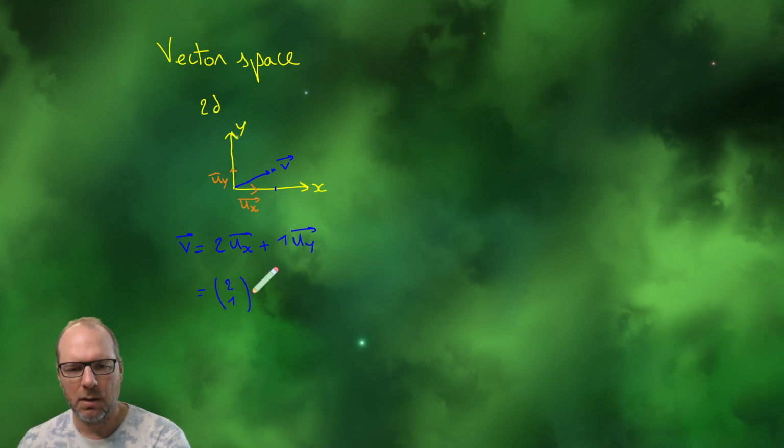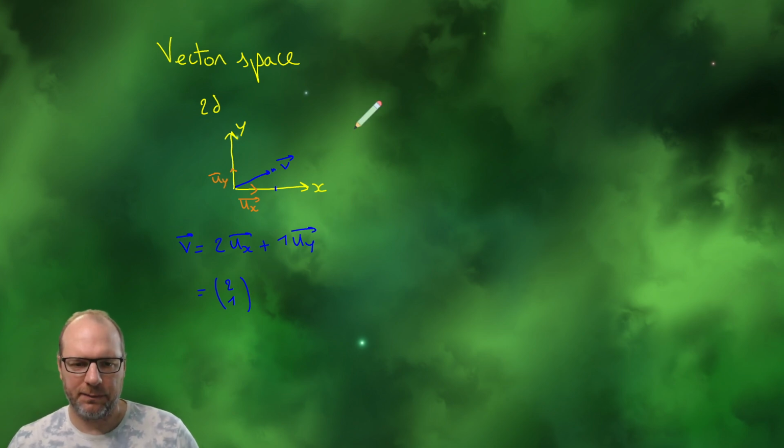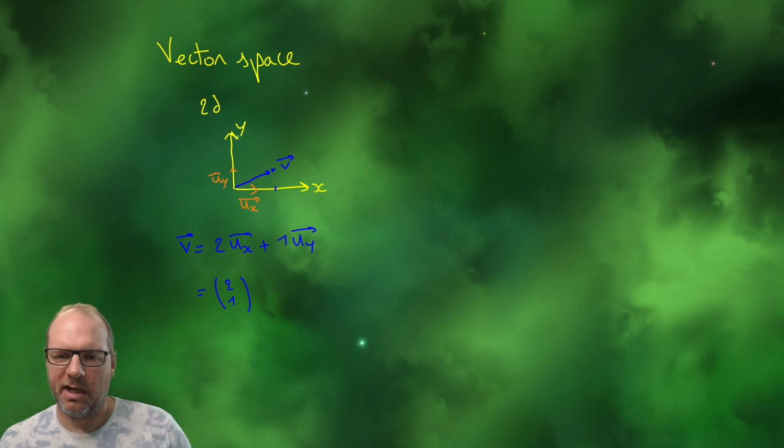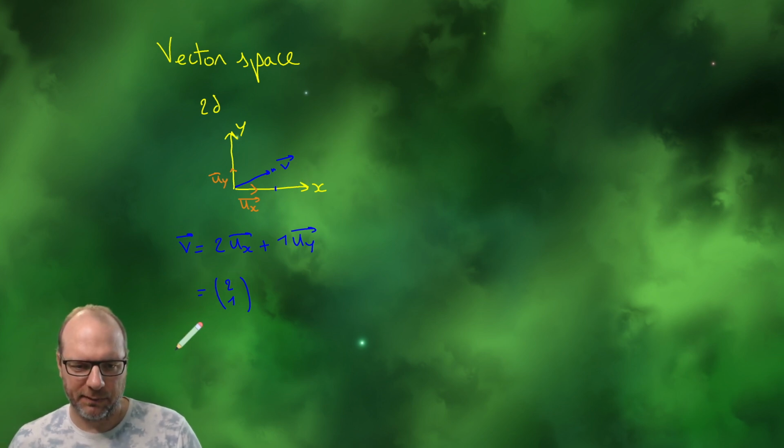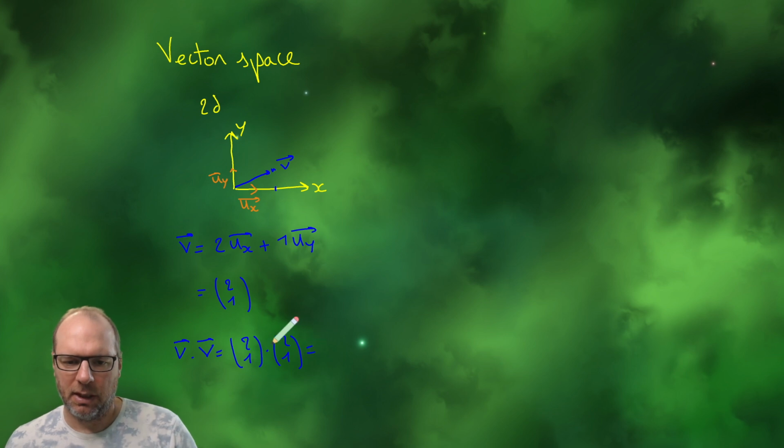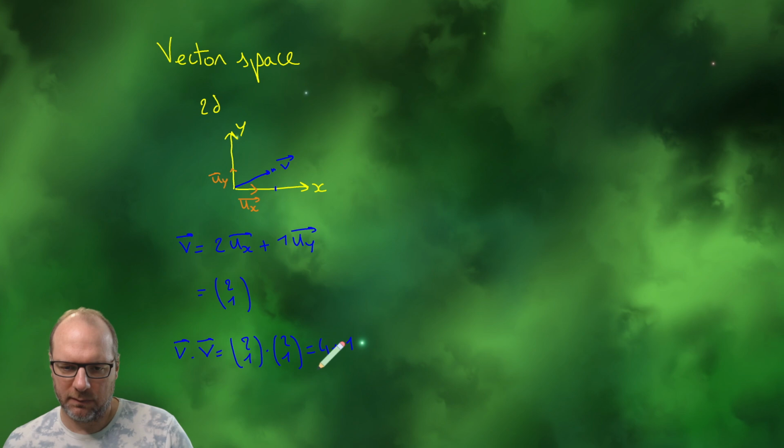So here's the vector space, and we can calculate the scalar product of the vector with itself. We have (2, 1) scalar product (2, 1), which is 4 plus 1 equals 5.